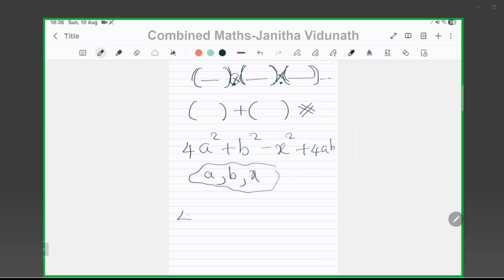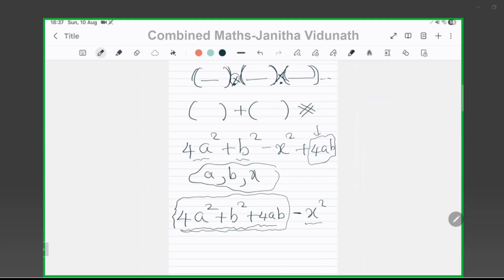Here, 4a square plus b square plus 4ab can be thought of as one group, and minus x square as another group. Why I think of that is because we have the ab term, a times b, in a single term. To identify any factoring, we try to keep these ab terms as one group. Then this is another term.